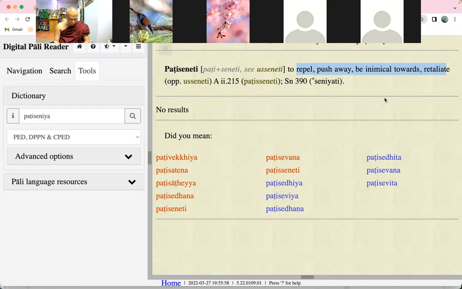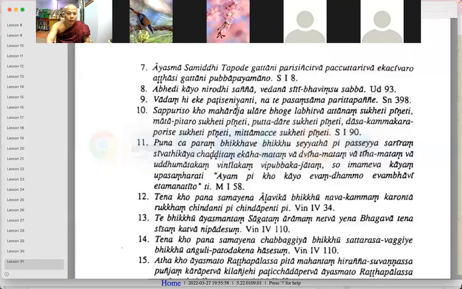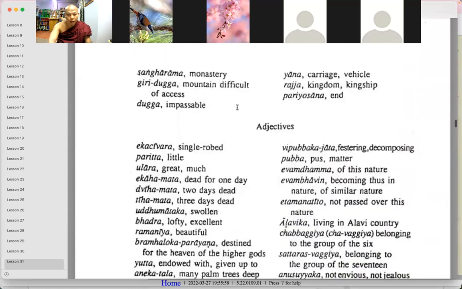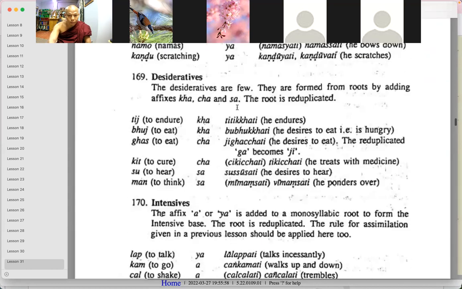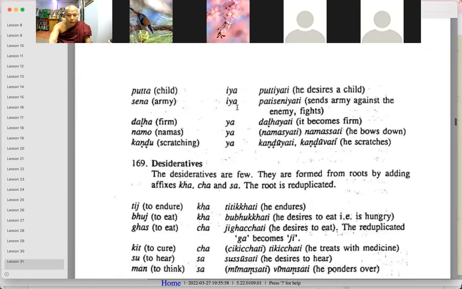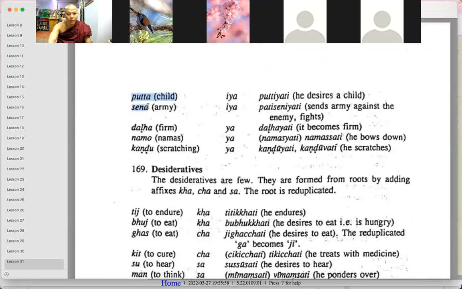So repel means maybe against, but it's sena. So maybe under the denominative part. But it's sena. Okay. Oh, that was included, I think. But this sena and ya or e. Yeah, sena. Okay. Sena is army. So, but this sena is send army against the enemy. So to fight, and so fights. Okay, fights.